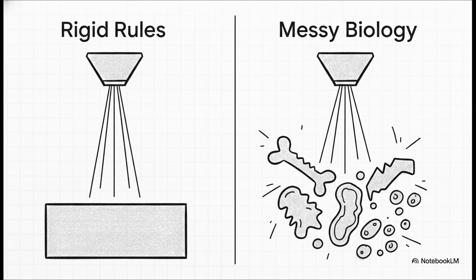And crucially, it assumes the speed of sound is a constant 1540 meters per second, no matter what kind of tissue it's passing through. But as we all know, biology is messy. It's packed with fat and bone and gas that completely shatter these rigid rules. And that sets up a massive conflict between the computer's math and biological reality.